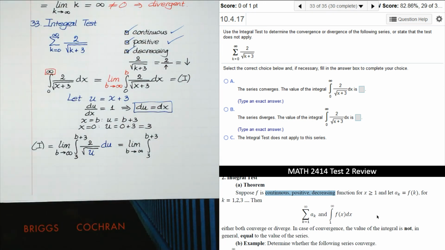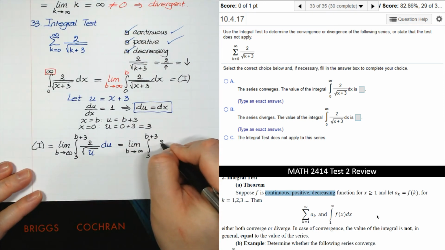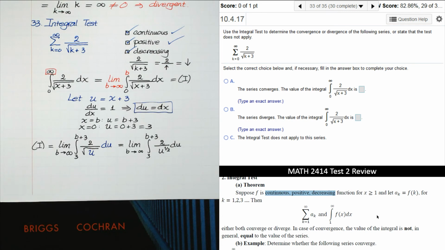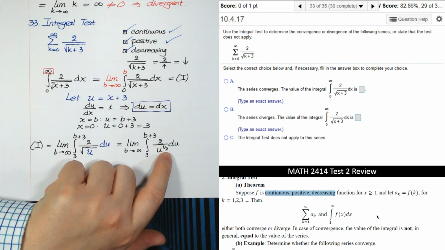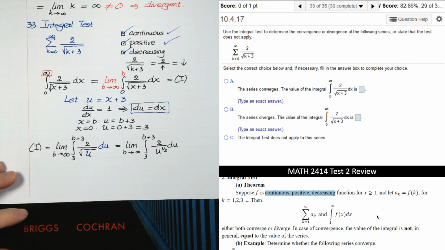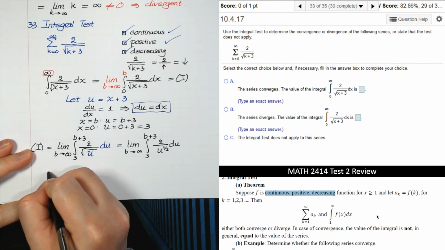By now we know that this is written as 2 over u to the 1/2 du. We know that if the power here is not bigger than 1, it will be divergent. So we know that this one is divergent already.